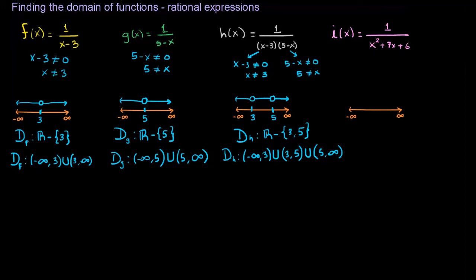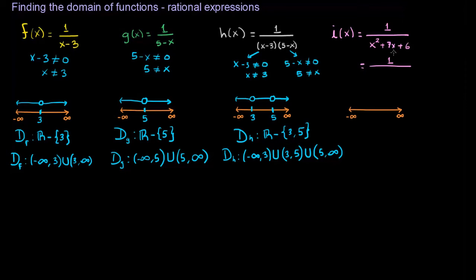Now, in this case, this may not look like the previous ones, but actually it is. In some cases, before proceeding to finding the exceptions, you have to do some factoring, which is what you have to do here.